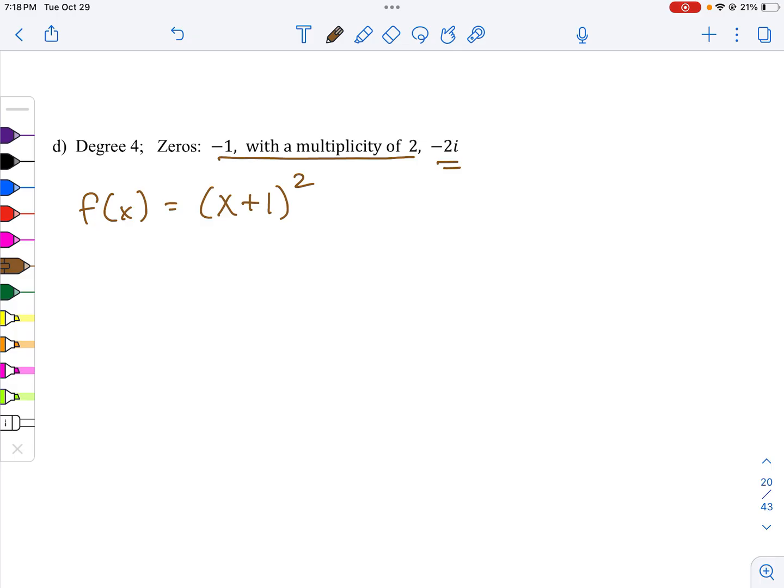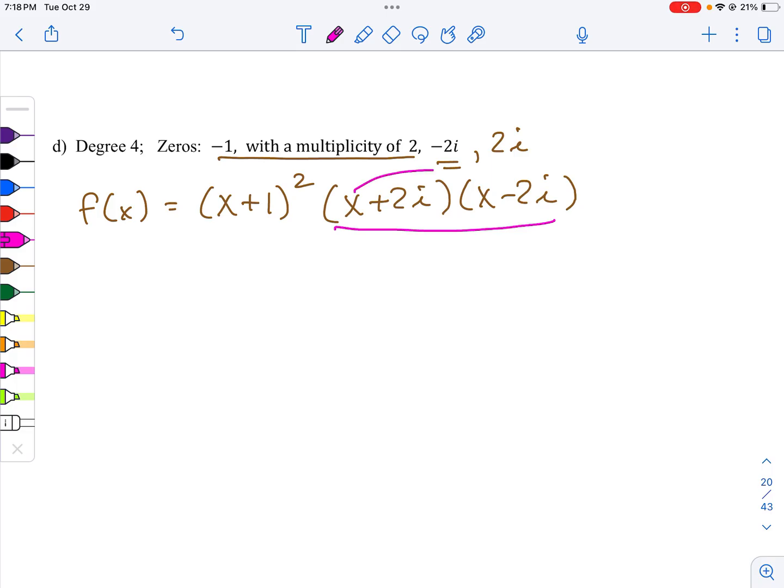We also have negative 2i, which means we also have positive 2i. So my other parentheses are going to be x plus 2i for the negative 2i and x minus 2i for the positive 2i. All right, so again, I always like to multiply the i's first because the i squareds end up going away, so it's nice. I've got x times x, which is x squared.